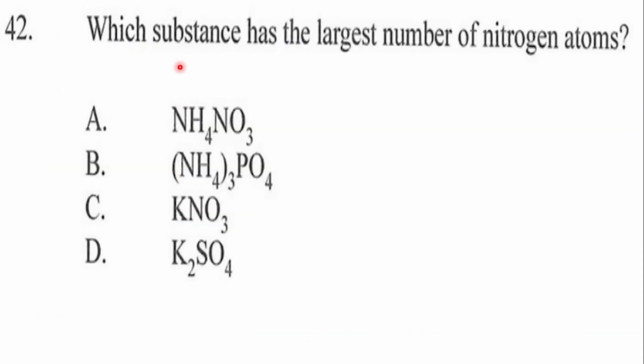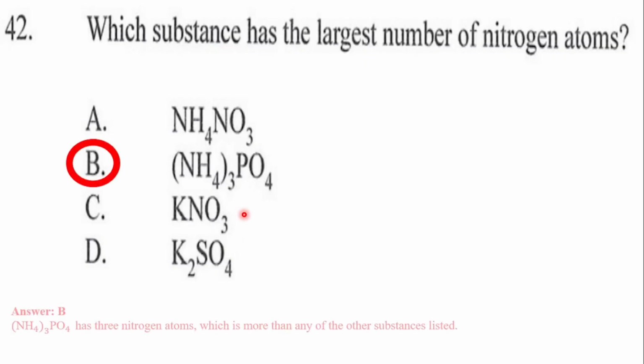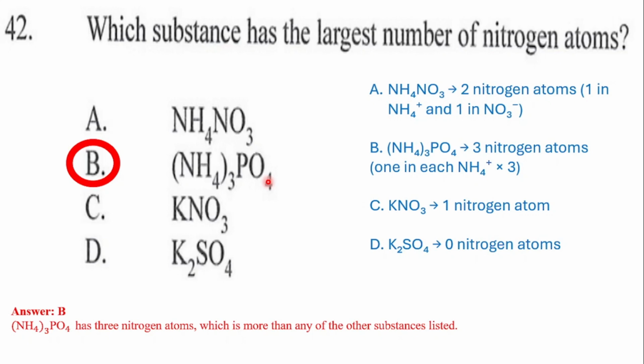Next, we have number 42, and it says, which substance has the largest number of nitrogen atoms? So which one of these has the largest number of nitrogen atoms? The correct answer is definitely going to be B. This is (NH4)3PO4. Now we know that because let's look at the number of nitrogen atoms in each of them.